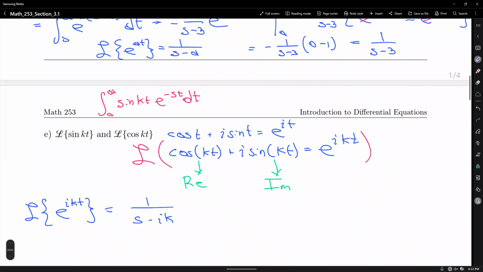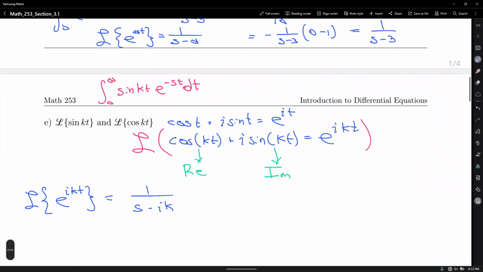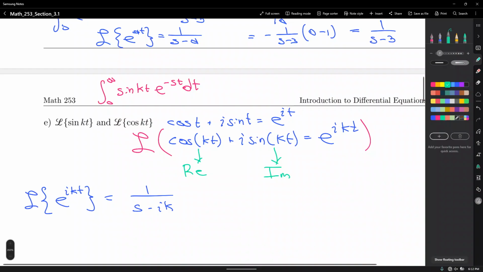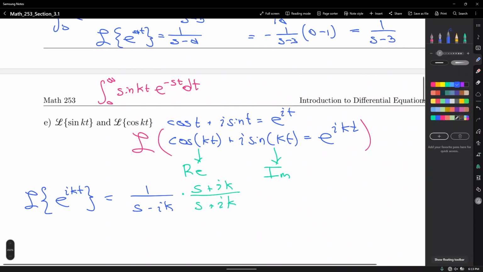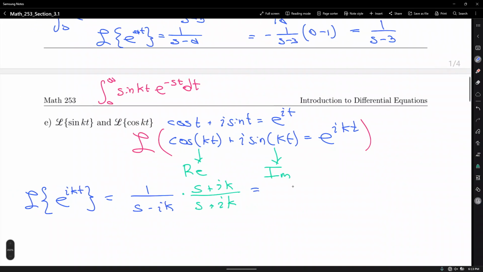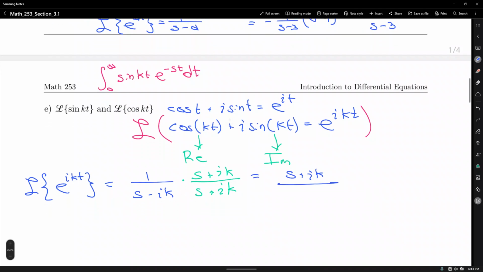But check how we're going to get this. Remember when we were working with complex numbers, we didn't want these i's in the denominator. So I'm going to multiply numerator and denominator by the conjugate, s plus ik. In the numerator, we end up with s plus ik, divided by, do you guys agree this is a difference of squares in factor form?